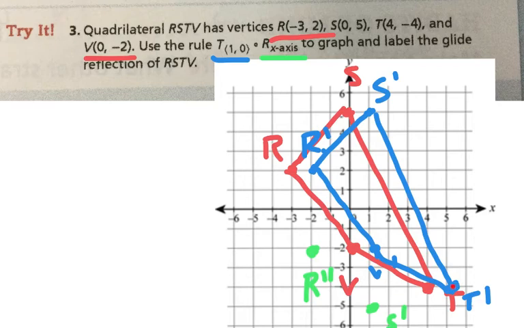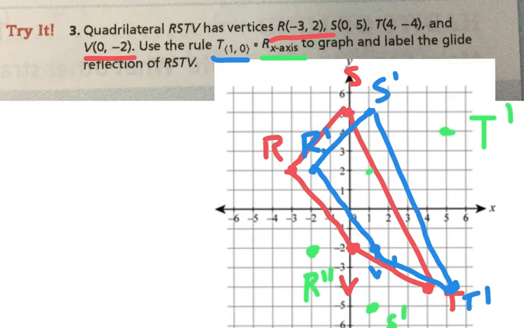T, I'm going to have to go up 1, 2, 3, 4. So go up another 1, 2, 3, 4. And so right here is T double prime. And then V is here. I have to go up 1, 2. So go up another 1, 2.